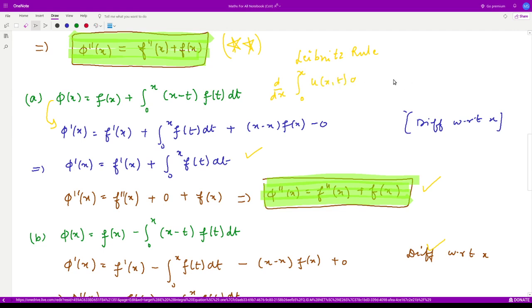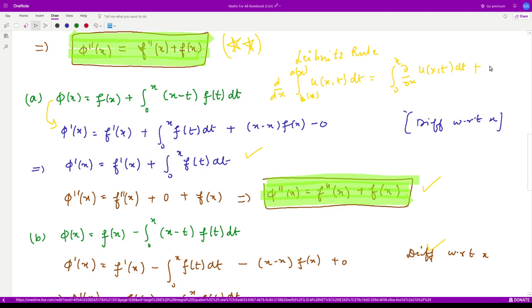This would be equal to integration from 0 to x, the partial derivative with respect to x of u x t dt, plus the derivative of the upper limit, say here it is a of x and here it is b of x, right?